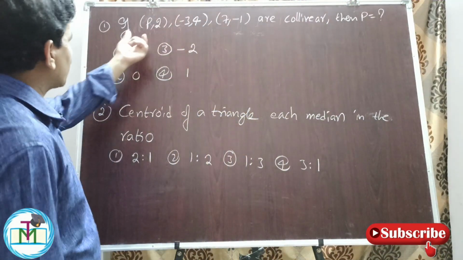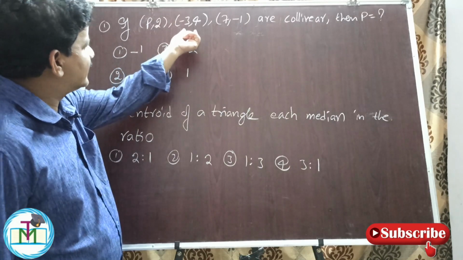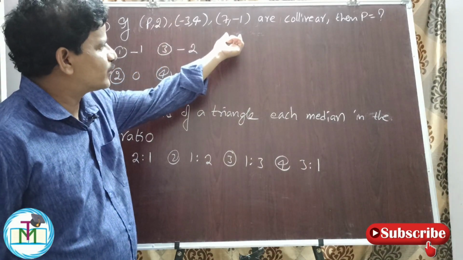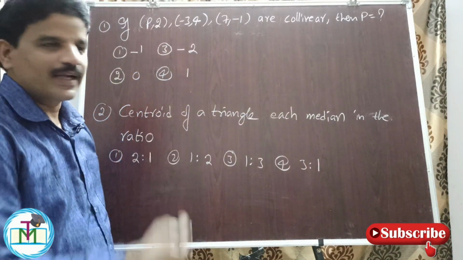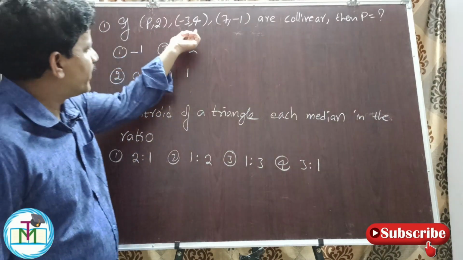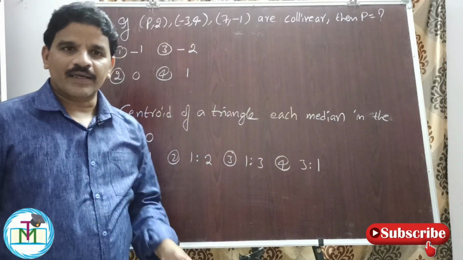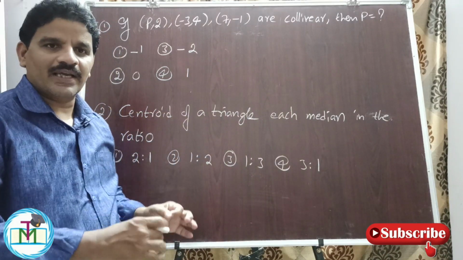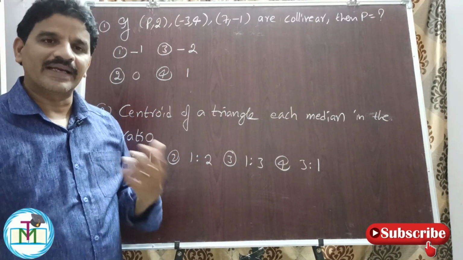Question number 1. If the points (p, 2), (-3, 4), (7, -1) are collinear, then p is equal to how much? Here three vertices A, B, C are collinear. Collinear means all the points lie on the same line, they are not forming a triangle.